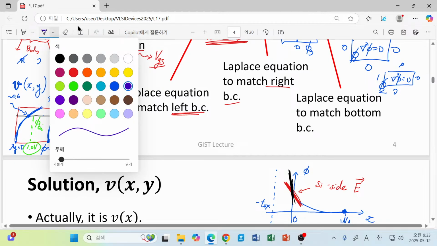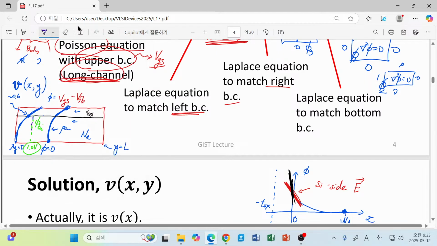So now you have the mismatch between your required boundary condition and the boundary value obtained by your V. It means that this potential value is not satisfied by our V value.